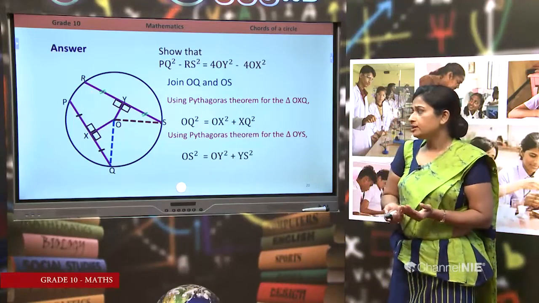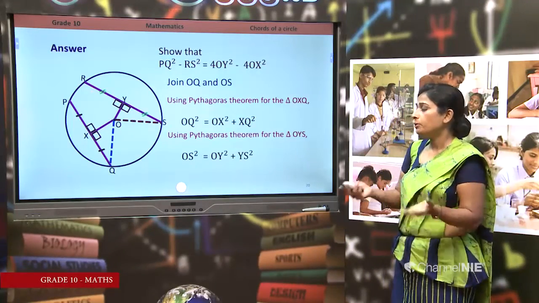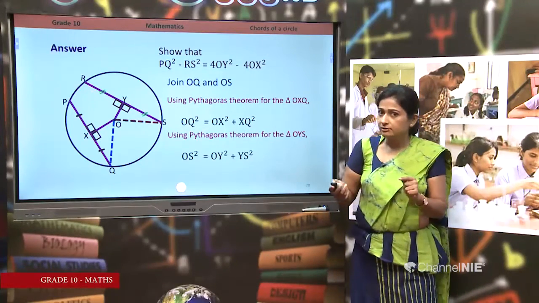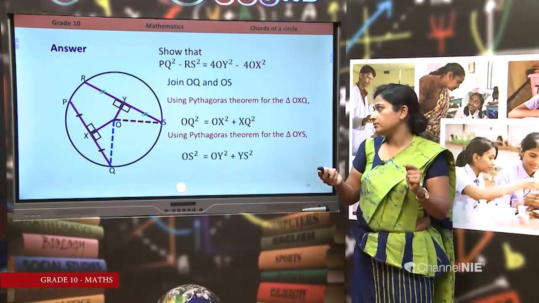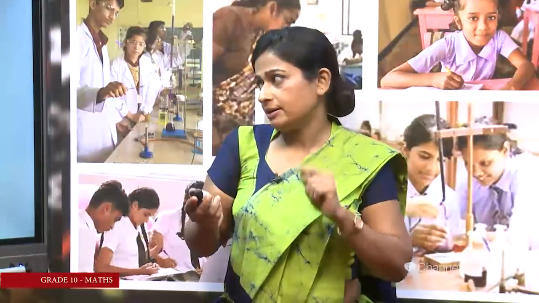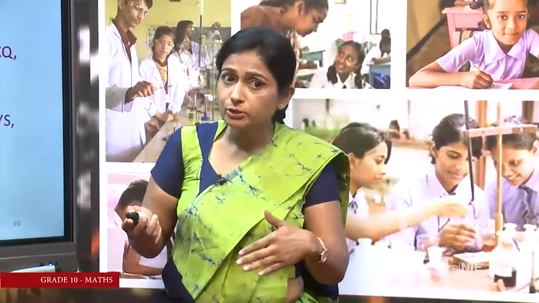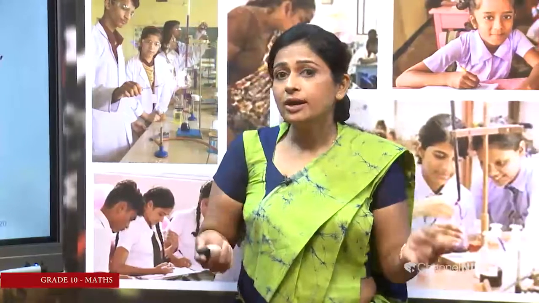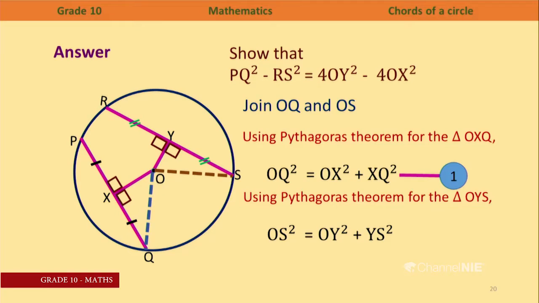What can you say about this OQ and OS? Let us see it later. OQ squared equals OX squared plus XQ squared; that is also an equation, so I name it as 1. And the next one, OS squared equals OY squared plus YS squared, I name it as 2. Here I am going to make a relationship using these two equations.